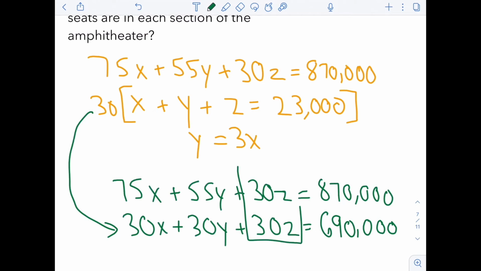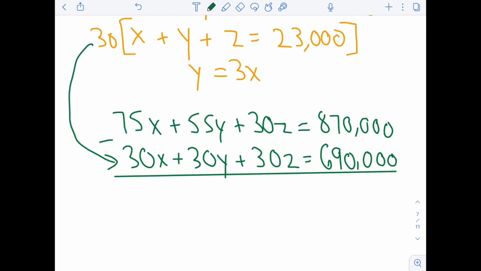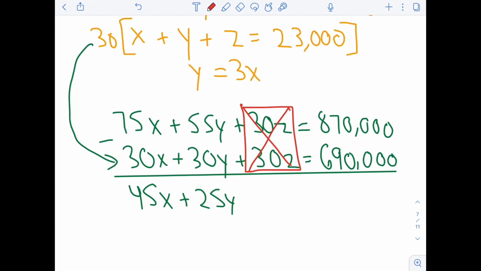So now that the z terms here have the same coefficient, 30, we can subtract them. So 75x minus 30x, that's 45x. And 55y minus 30y, that is 25y. And 30z minus 30z just cancels out. And 870,000 minus 690,000 equals 180,000. So this is really good.